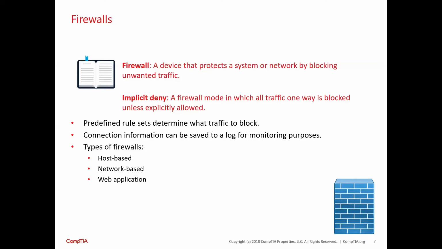For example, if I use Bitdefender, I will have a network-based firewall that allows me to control which traffic to block, as well as the web application firewall, or WAF. So basically, any type of firewall that protects a system or network by blocking unwanted traffic, for example one that only allows port 80 and 443, would be considered a firewall.